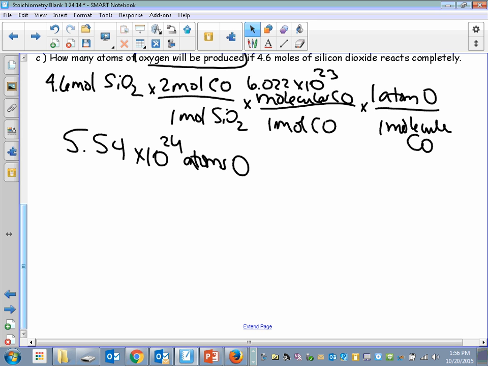So I went directly from silicon dioxide to carbon monoxide with this lovely mole ratio, and then I was able to go from carbon monoxide down to the atomic level. So from carbon monoxide I went to one molecule of it, and the conversion is Avogadro's number of molecules per mole. And then from one molecule of carbon monoxide, I said it only contained one atom of oxygen because of that internal ratio of 1 to 1. So you should be getting this. Is that what you got when you did it your way?